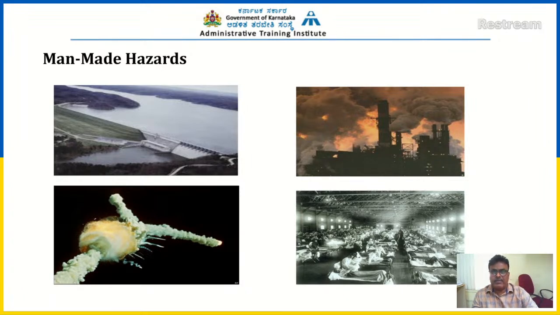If they are not maintained properly and not monitored properly for safety, they may burst and lead to flooding, huge loss of life and damage to property. Therefore, dam burst is one of the major man-made disasters. That's why the Government of India has brought a Dam Safety Act very recently, last year.